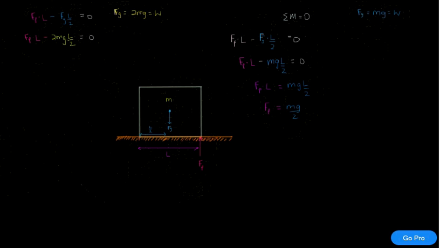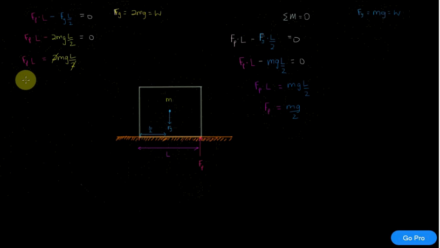Okay, so just bear with me, I'm still going to do this step by step. So if P, the force that I have to apply, times the distance that I have to apply it from, remember I'm going to take this over to the other side now, is equal to 2mg times L over 2. Note that the 2's here cancel, so it's just FPL is equal to mgL.